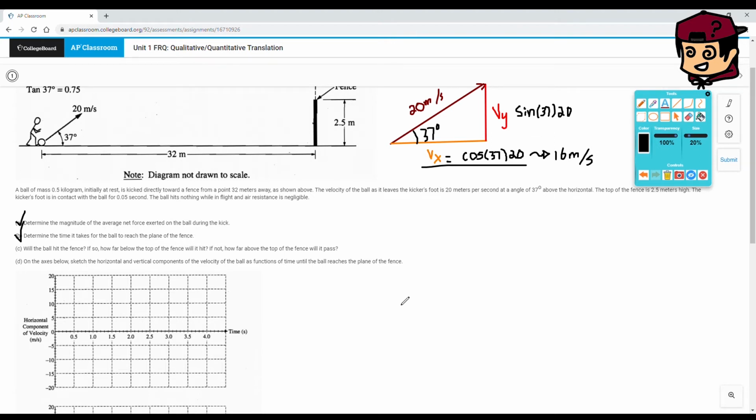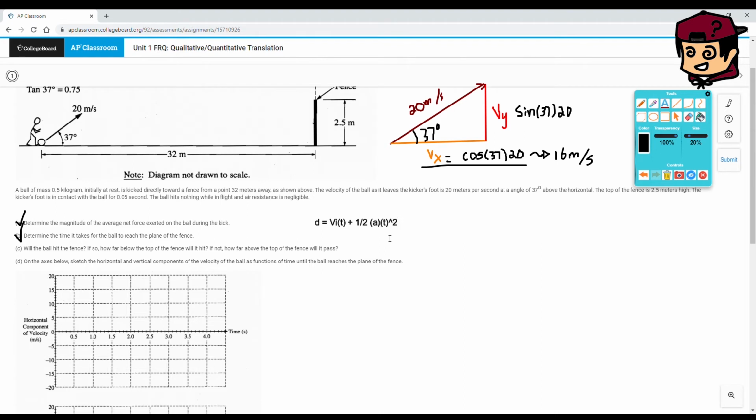All right, now some people use x on the formula sheet, I'm just going to use d for distance. So d equals our initial velocity times time plus half of acceleration and time squared.